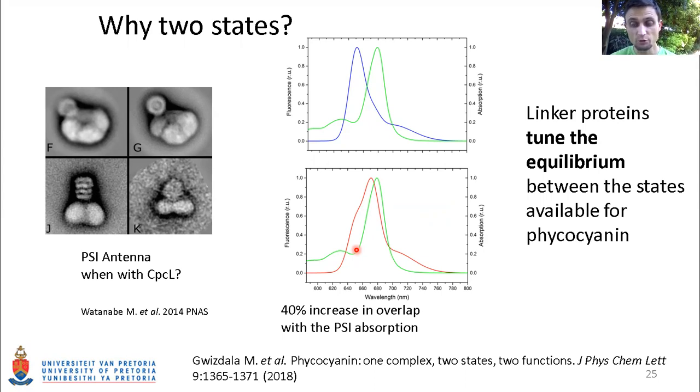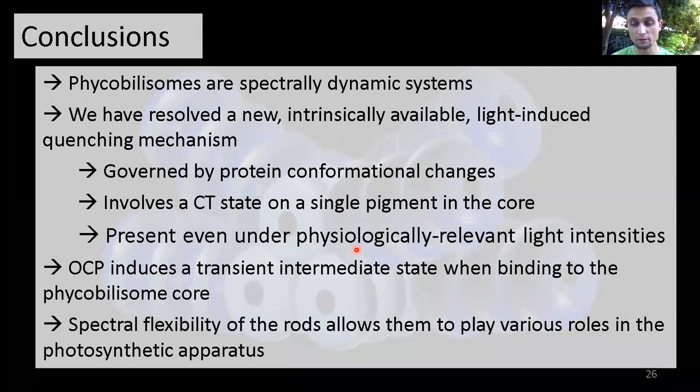And then the linker proteins serve to tune the equilibrium between the two states that are available for phycocyanin, either transfer via the core complex to the photosystems or direct energy transfer to PS1. So to wrap up, phycobilisomes are dynamic systems, and these dynamics are hidden from ensemble studies. In the first part of the talk, I've shown you that we have resolved a new intrinsically available light-induced quenching mechanism, which is governed by protein conformational changes.